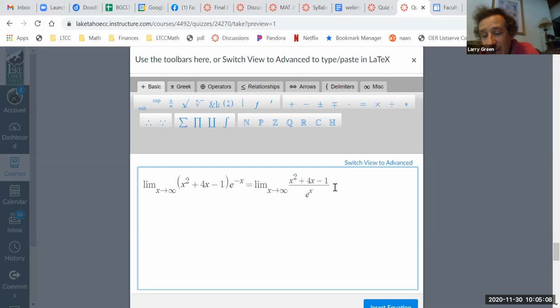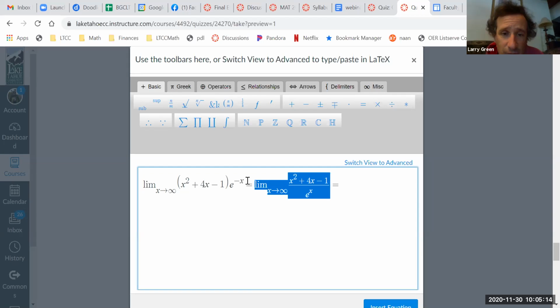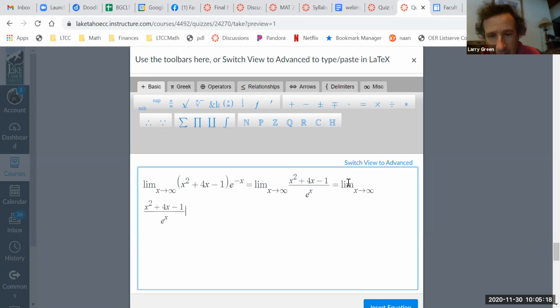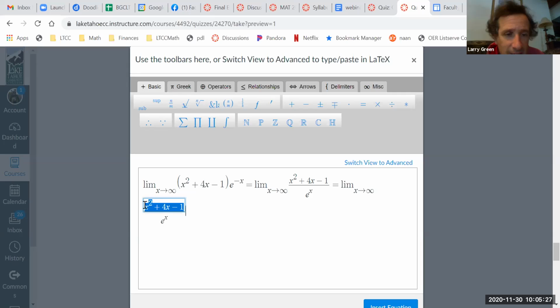And if you get infinity over infinity, you are allowed to use L'Hopital's rule. So then we go ahead and use L'Hopital's rule by taking a derivative of the numerator and the denominator. The derivative of x squared plus 4x minus 1 is 2x plus 4. The derivative of e to the x is e to the x.